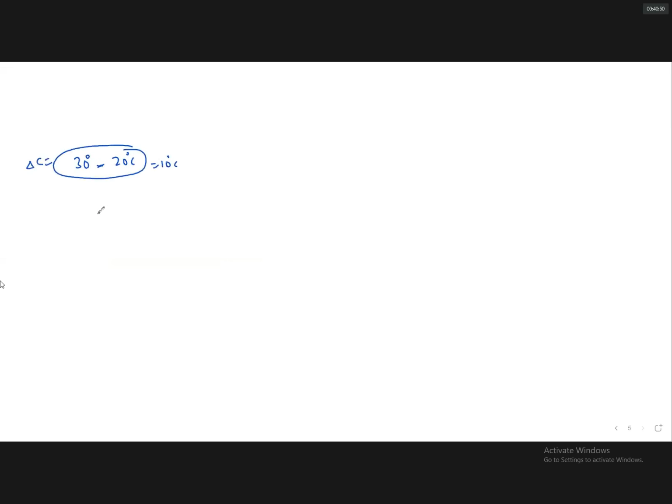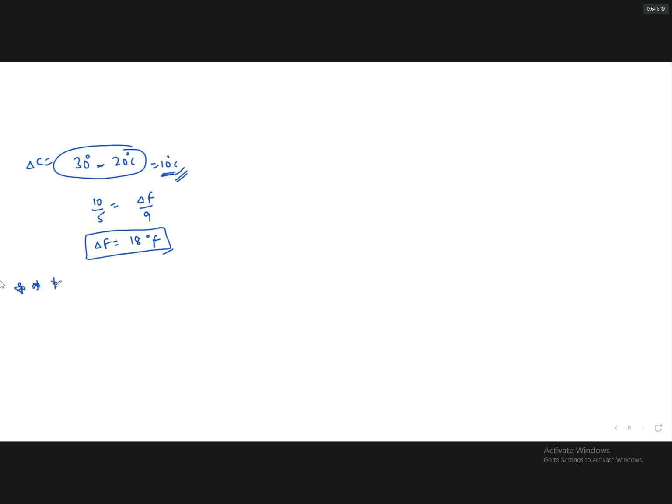If you want to convert into Fahrenheit, 10 by 5 is equal to delta F by 9. Therefore, delta F we get as 18 degree Fahrenheit. Means a 10 degrees Celsius difference in Celsius scale corresponds to 18 degree Fahrenheit. And a 10 degrees Celsius increment in Celsius scale is equal to a 10 Kelvin interval. So that is the difference.